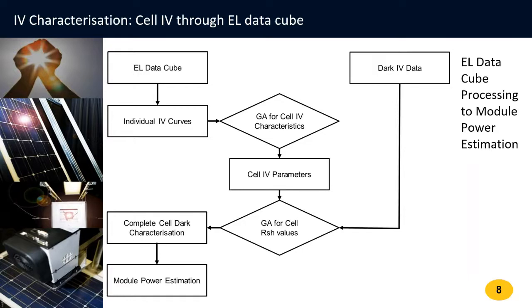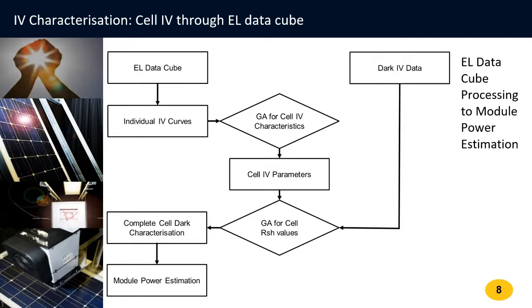However, the problem with this is that your shunt resistance value is often skewed, or inaccurate, because of the nature of where in the IV curve the shunt resistance is determined. It's your extremely low current injection. And so what happens is that your EL, or your electroluminescence, only occurs at typically above 10% of your short circuit current, and there's almost no luminescence beneath that, so you don't have a completely accurate shunt resistance value.